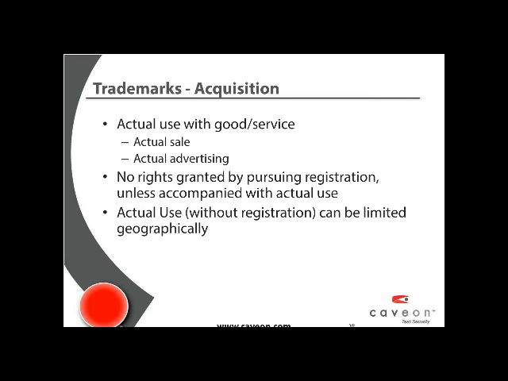No rights in the United States are granted by pursuing a registration, similar, not the same as a copyright registration, a little bit more complex, a little bit more money, unless accompanied with actual use. I actually have to use it because people begin to recognize my trademark is used with a good or service. I cannot go out and compile a list of 100 trademarks and reserve them to myself unless I'm actually using them with a product or service. Trademark office will not let you do that.